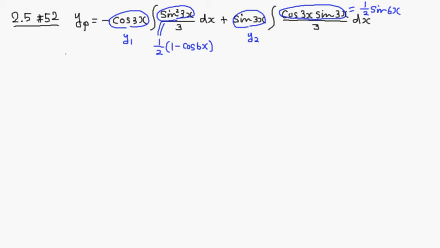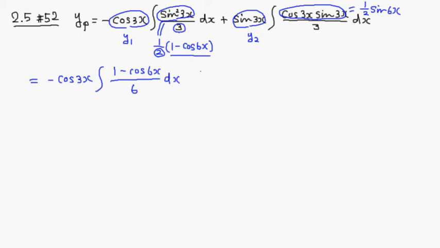So let's go down here. It's going to be negative cosine of 3x, and then we're going to have an integral. There was a 3 already here, 3 times 2, so the denominator is going to be 6. Then you have 1 minus cosine of 6x dx.